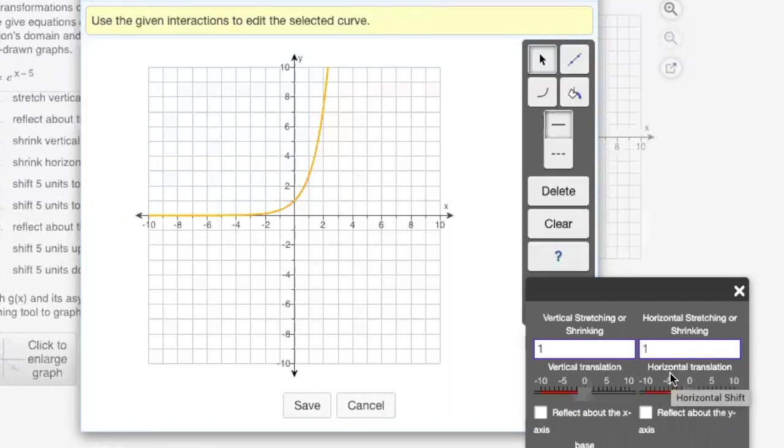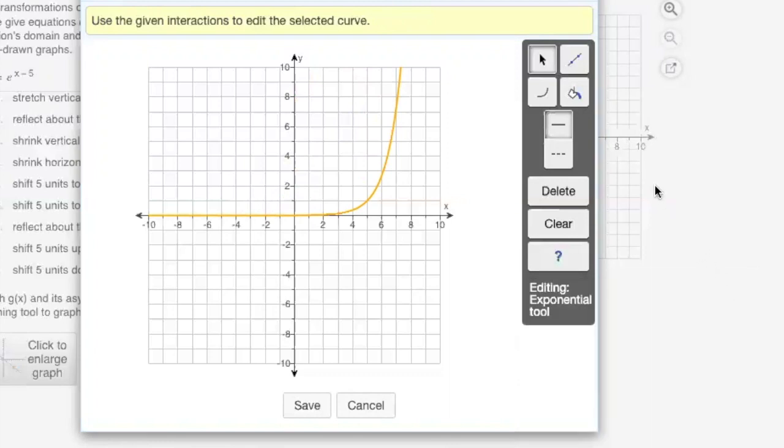And we said horizontal translation, we were supposed to shift our graph. And notice as I move the slider, I can move it to the left or to the right. Ours was supposed to shift 5 units to the right. So I placed my slider on 5 and you can see that the curve moved as well.